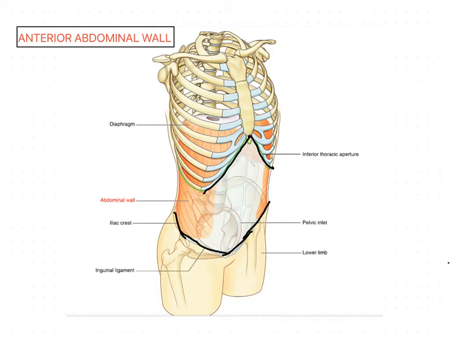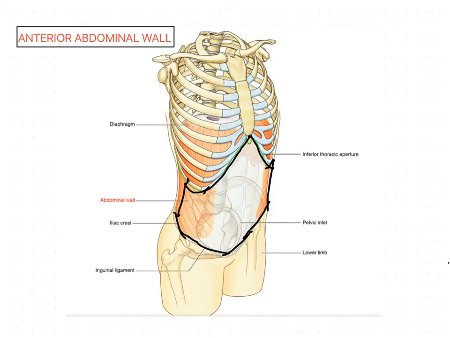So inferiorly it extends up to the pubic and iliac bones. On either side it extends up to the mid-axillary line. So this is the extension of the anterior abdominal wall.